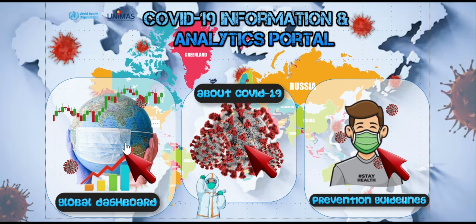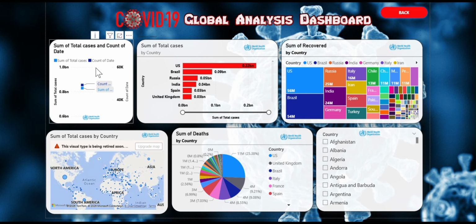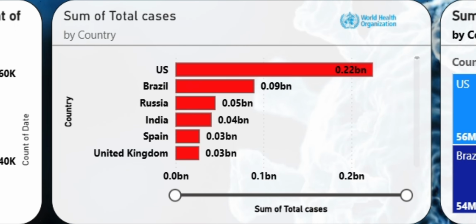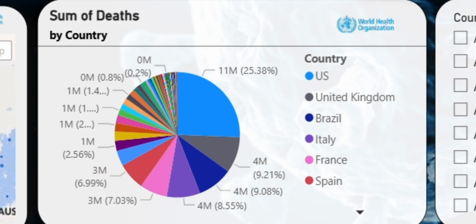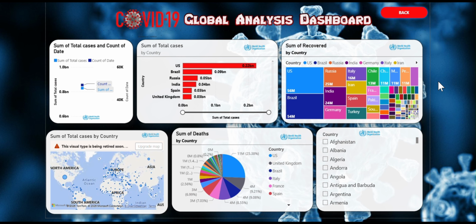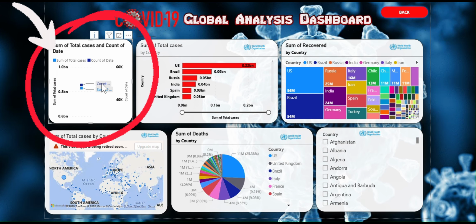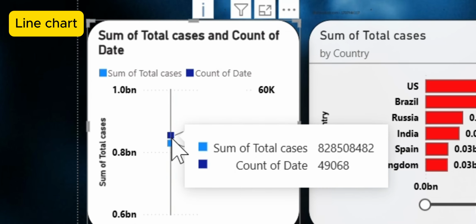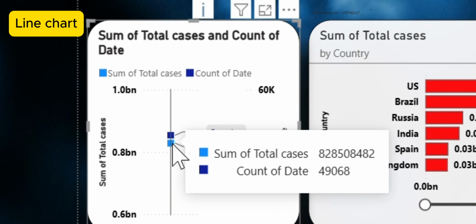After the data was prepared, I developed this interactive dashboard consisting of several visualizations like tree maps, clustered bar charts, pie charts, and many more. The first visualization is the line chart, which shows the trend of COVID-19 cases over time. This chart helps users understand how the pandemic evolved throughout different periods.